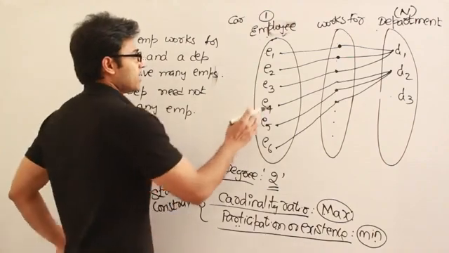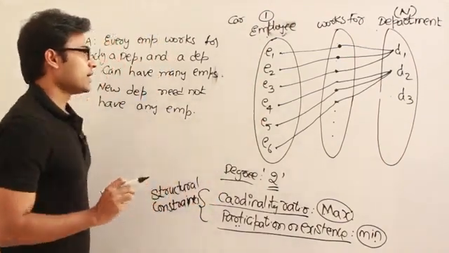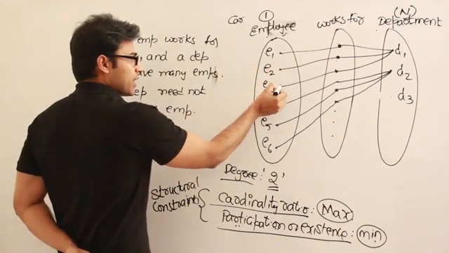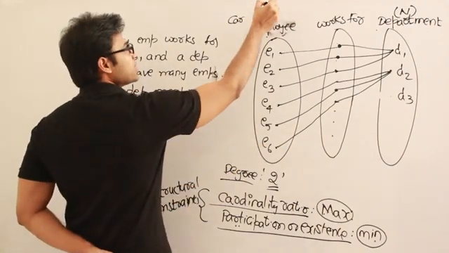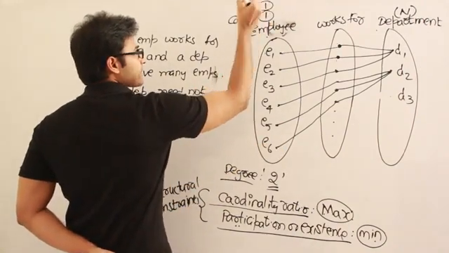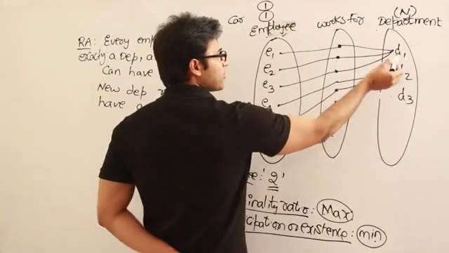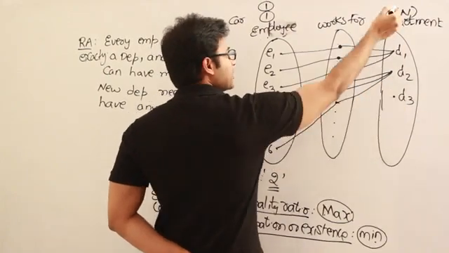Now if you watch this one, what is the minimum number of relationships in which each entity can participate? Each entity has to participate in at least one, isn't it? Therefore the minimum is 1. And what about this one? The minimum number of relationships in which it can participate is actually 0.